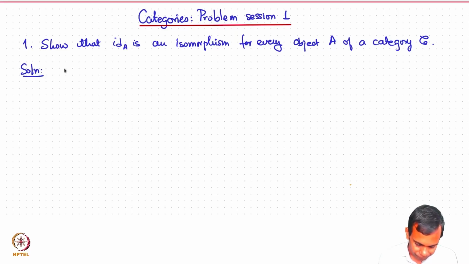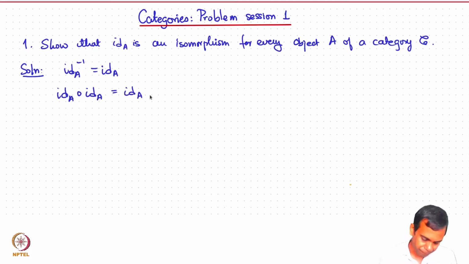So identity A inverse is equal to identity A, and in fact we see that this is the case because identity A circle identity A is equal to identity A. And so if we treat this as identity A inverse, then we're getting this, and we also get identity A circle identity inverse equal to identity A. Both these come from the identity axiom.